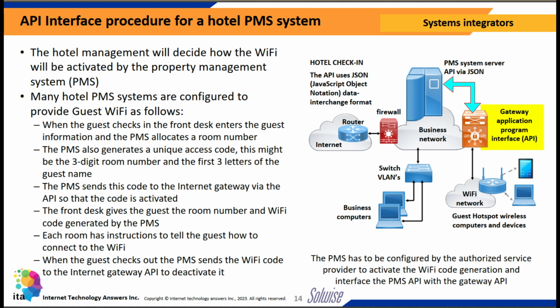Sends this access code to the hotspot gateway to activate that access code. This is at the point of check-in. Then that code will be given to the guest to use the Wi-Fi. When the guest checks out, the property management system will send that code over to the Wi-Fi gateway in order to disable the code, remove the code.